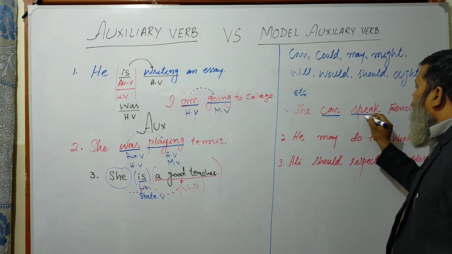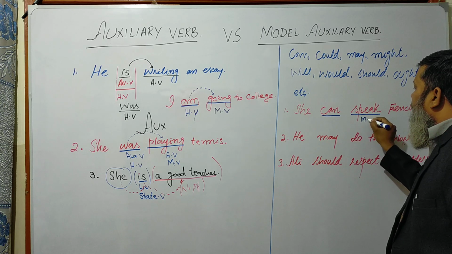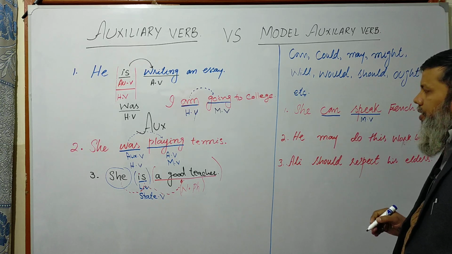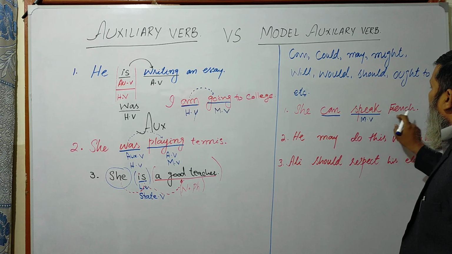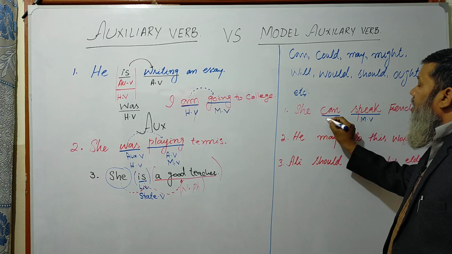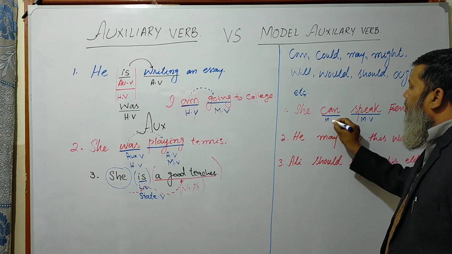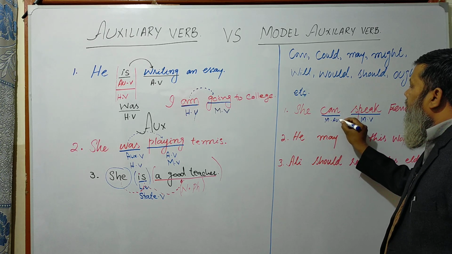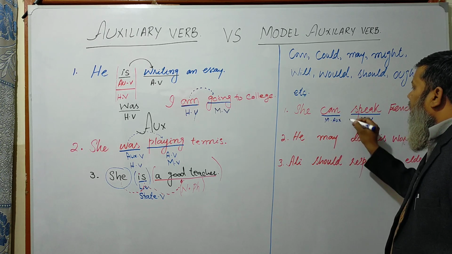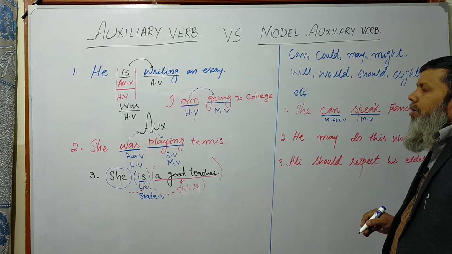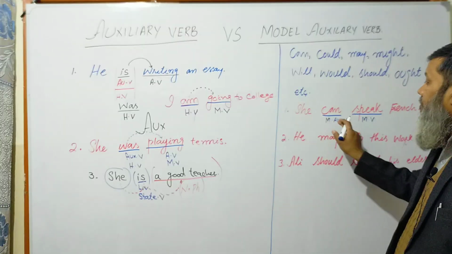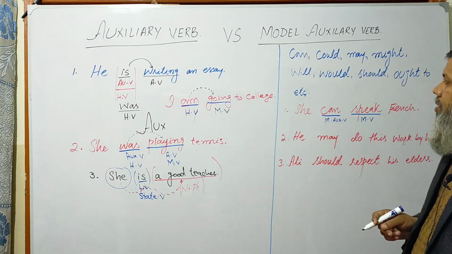Suppose "speak" is used here as a main verb or action verb. She can speak French, but "can" is used here as a modal auxiliary verb. Why is it called a modal auxiliary verb? Why is it not called a simple auxiliary?